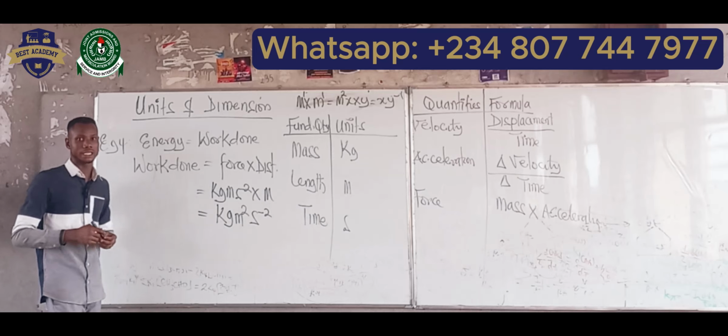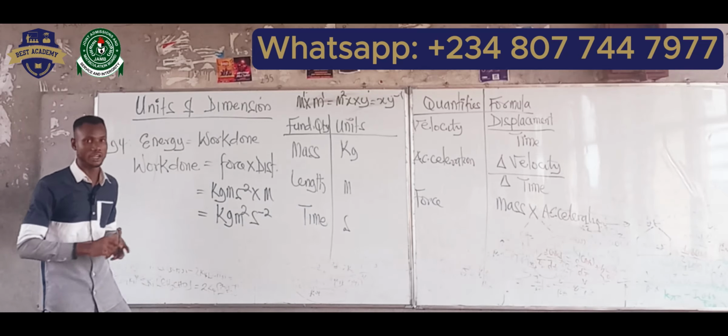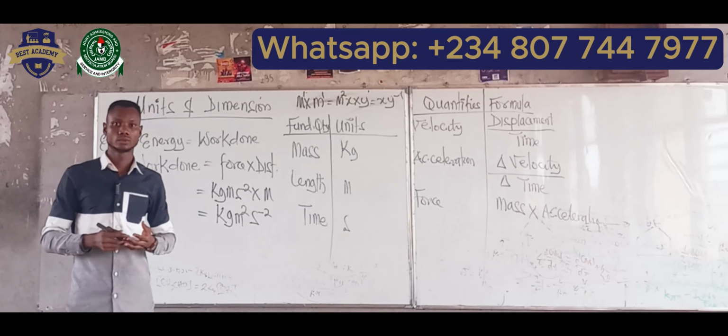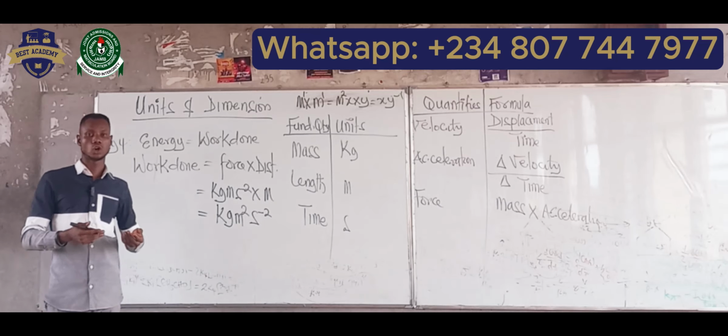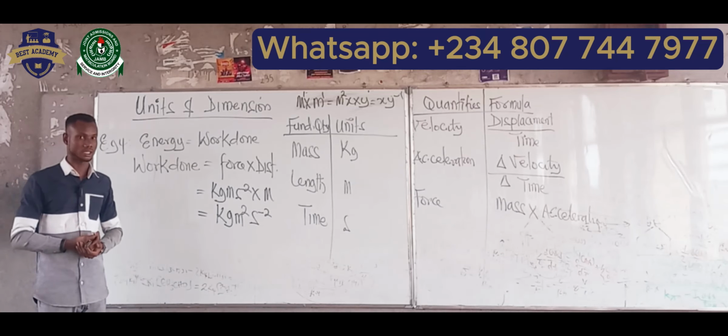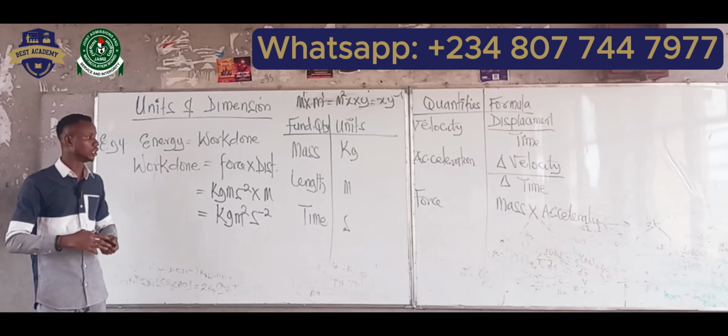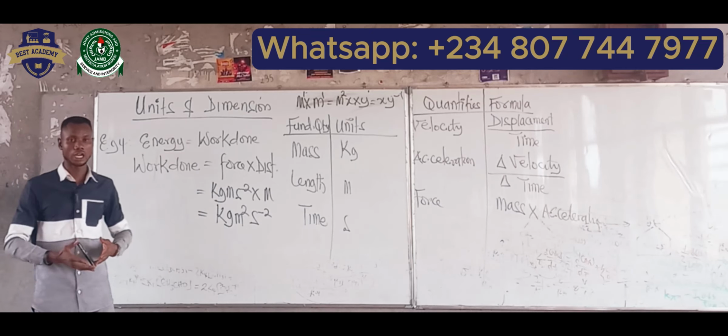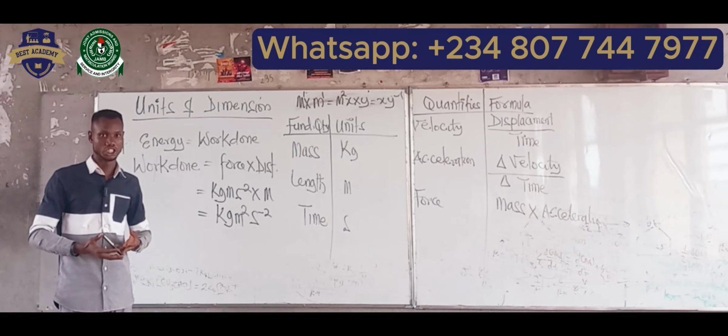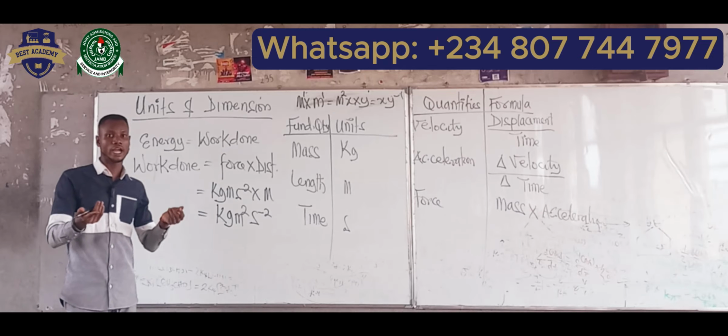So let's take the last example here. Example 5. Find the unit of gravitational constant, G. Now, let's try to find the unit here.